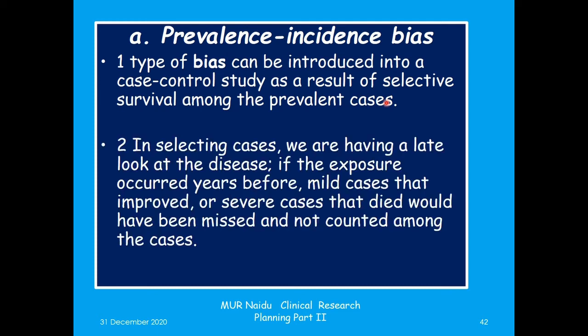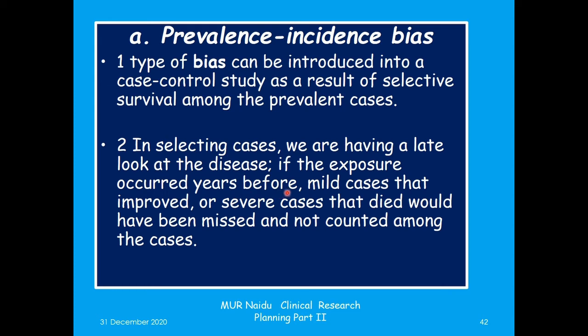The second is the bias because of selecting the cases. For example, we are doing a study where the disease lasts for a very long time. It may be possible that the patients might have already been exposed to the particular disease at least 2 or 3 years before we initiate the study.